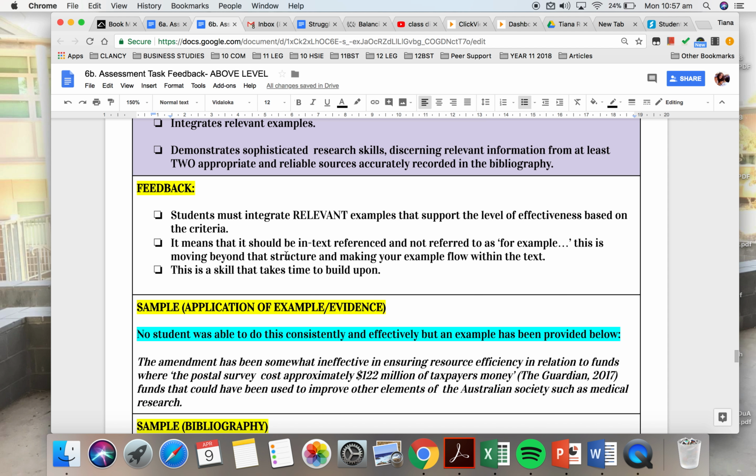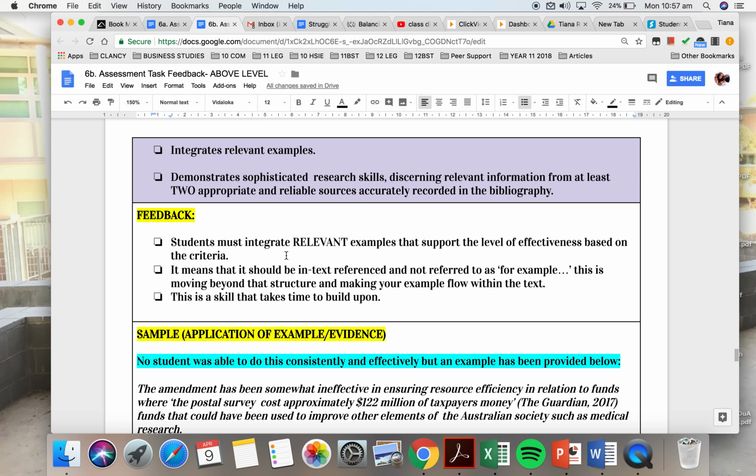Now, if you did the above level, you had to integrate relevant examples, and this is quite difficult to do. Students must integrate relevant examples that support the level of effectiveness based on the criteria. It means that it should be in-text referenced, and you shouldn't be using 'for example' at this level, above level.